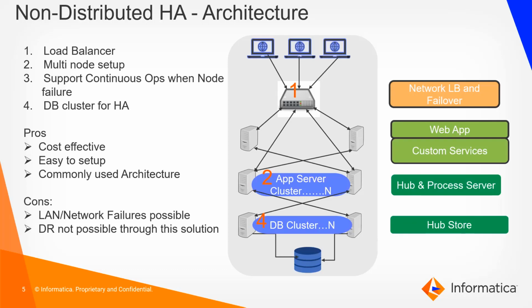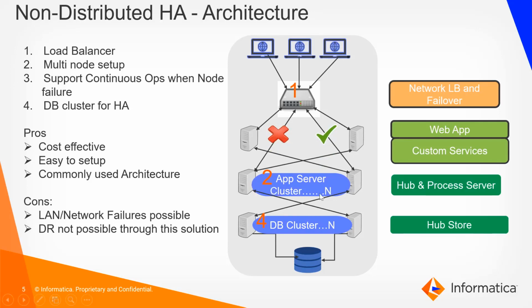Non-distributed HA architecture involves multiple hub server nodes and process server nodes on the app server cluster. So we can install n number of hub server nodes and process server nodes on the app server cluster. It also involves the load balancer. The load balancer's usage is to load balance the requests across the multiple hub server nodes, and also if one of the nodes goes down, the load balancer can access the MDM services through the other nodes which are available.